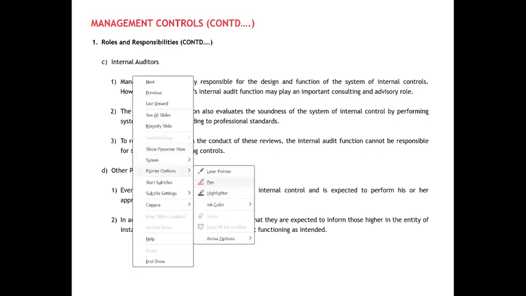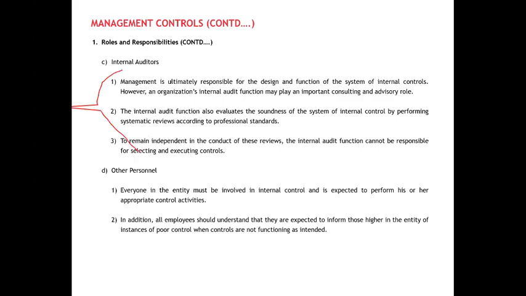What is your responsibility? Management is responsible for the design and function of internal control. It's management that is responsible. We just help assist to maintain an efficient internal control structure.